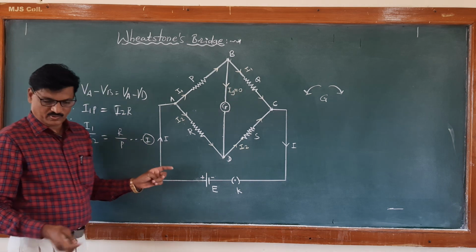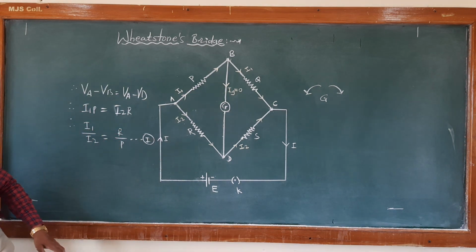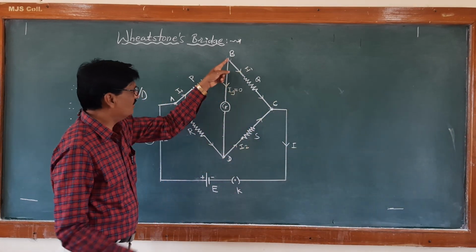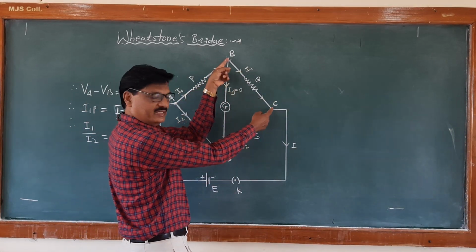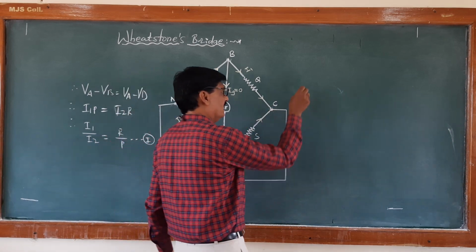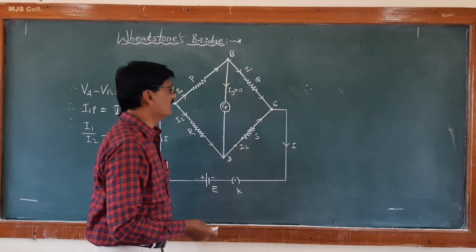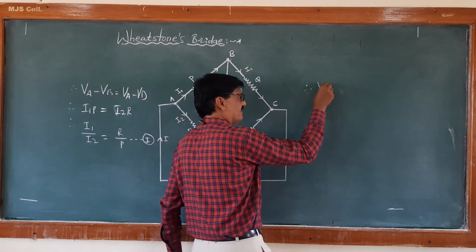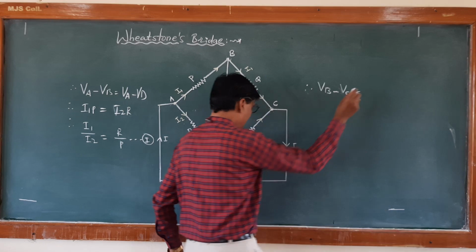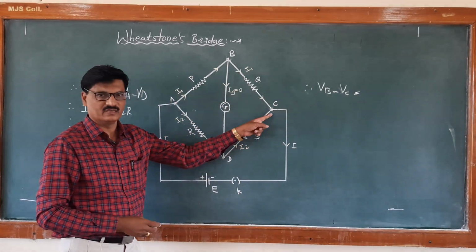Similarly, the potential difference between VB and VC is equal to the potential difference between VD and VC, so we can write VB minus VC is equal to VD minus VC.